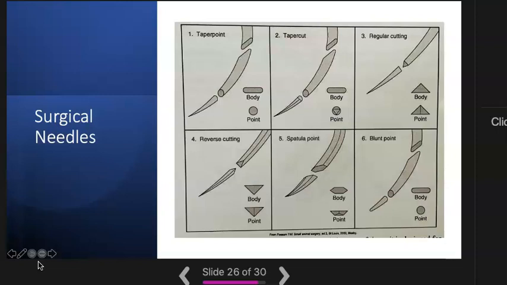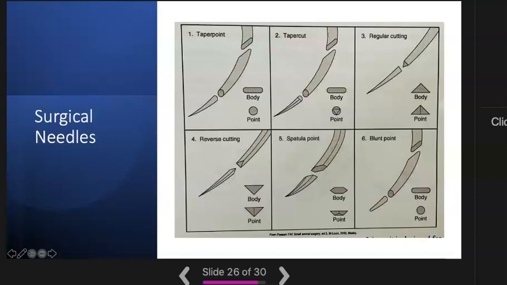Oftentimes, the size of your needle matches the size of your suture material. If you can imagine a larger needle going through the skin with a small gauge suture material, this will leave a gaping hole and the sutures will be loose.